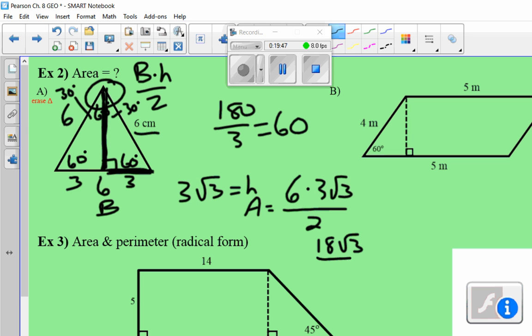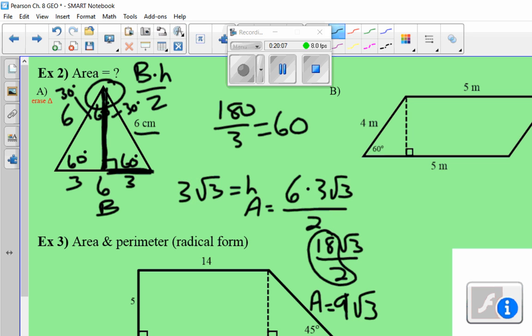Okay, and then I can reduce these two, and that gets me 9 square root of 3 for my area. Okay. So really, you're leaving these in a simplified radical form again. It's a really good problem, shows up all the time.